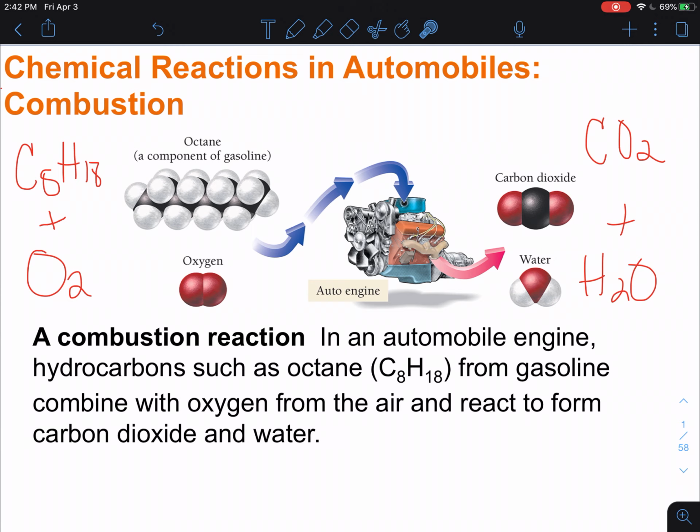So a combustion reaction is anything that you see in this chapter or in the world where you have a hydrocarbon, you have oxygen, plus a little bit of a heat source that yields CO2 and water. Okay, the burning of a candle is also a combustion reaction.